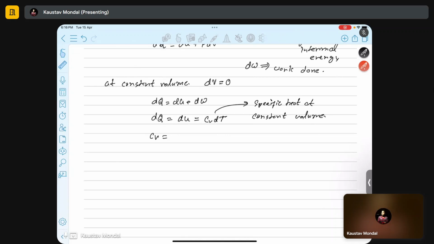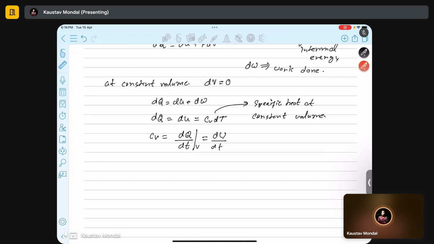You can write Cv as dq by dT at constant volume, or du by dT, the same.